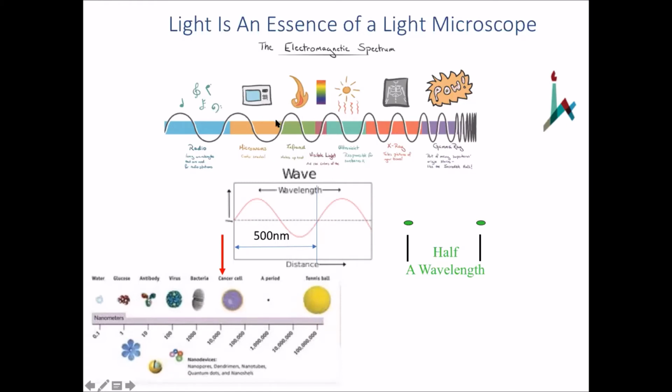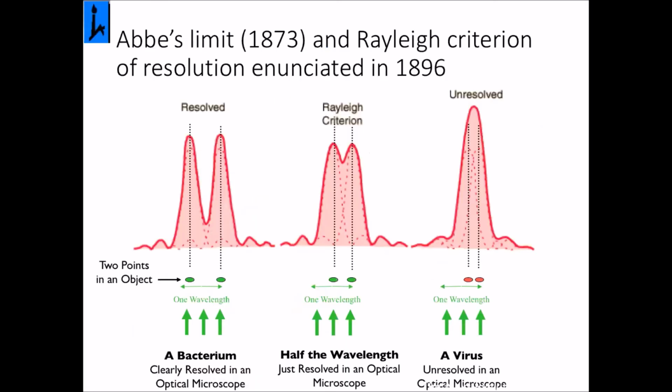And today, even in the terahertz regime, you can get super resolution using near field techniques. So really, the limit of optical resolution is not a law. It's just a limit based upon a criterion that was enunciated by Abbe and Rayleigh.